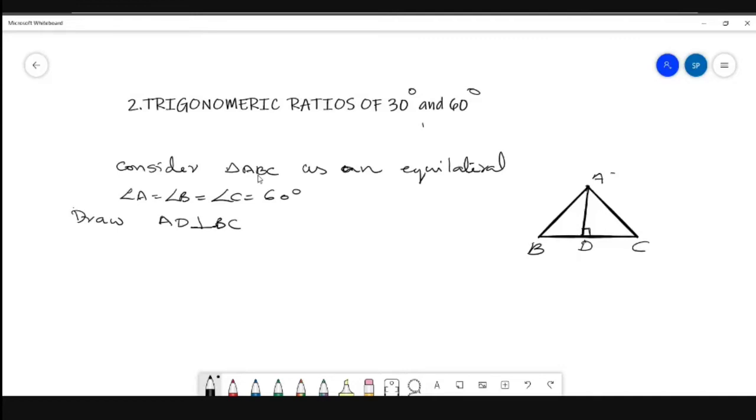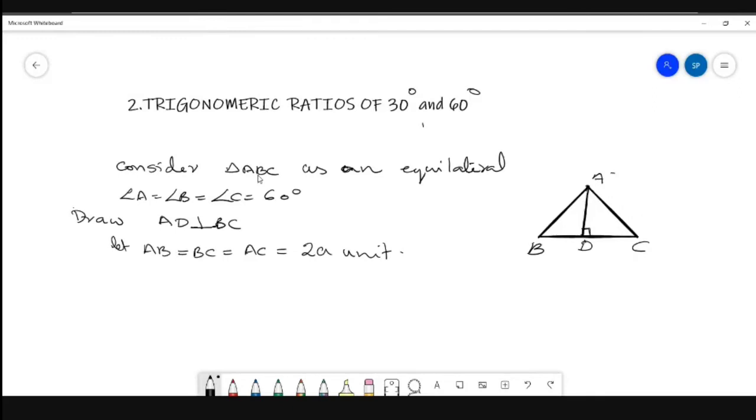Okay. Now, let us consider AB, AC and BC as 2A unit, that is equal sides. So we can take here, let AB equal to BC equal to AC equal to 2A unit.